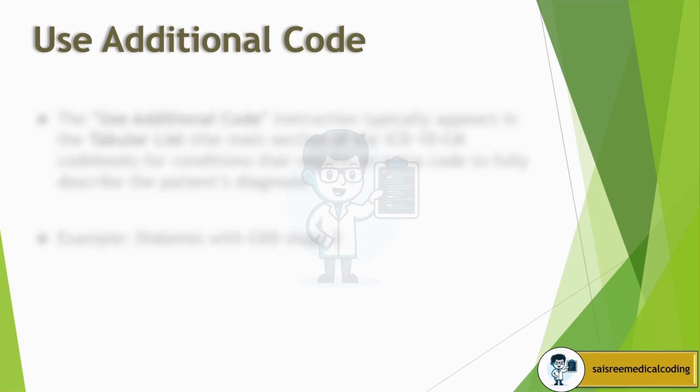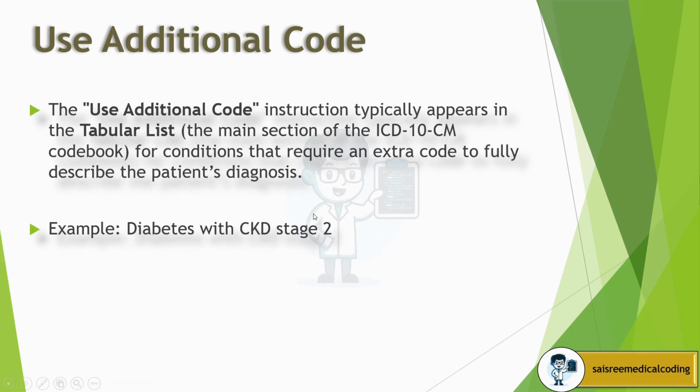Next, we have the "use additional code" convention. Under this definition, the "use additional code" instruction typically appears in the tabular list, the main section of the ICD-10-CM codebook, for conditions that require an extra code to fully describe the patient's diagnosis.